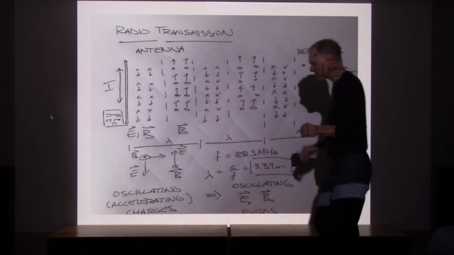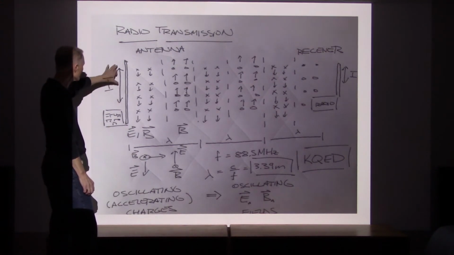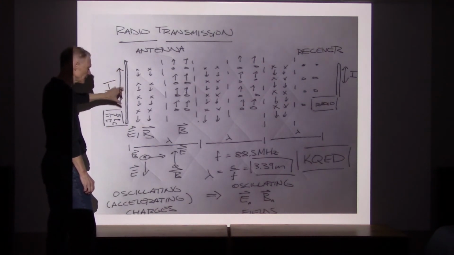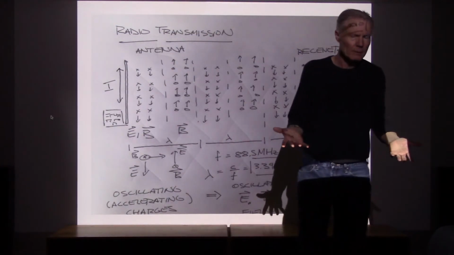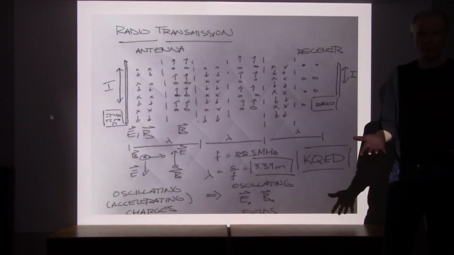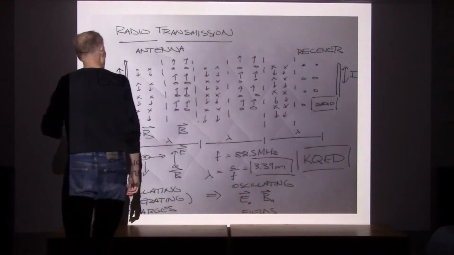And what happens then is KQED has this oscillation taking place inside its antenna. Now the charges inside there, they're accelerating. They're going to generate acceleration fields, both electric and magnetic.